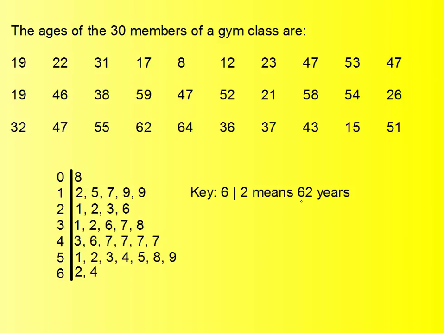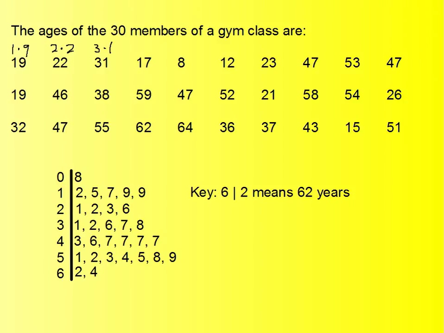See, in this case, we're told that 62 is represented by 6 on the left-hand side in the stem side, 6 tens, and 2 units on the leaf side, meaning 62. Now, you wonder, why must you do that? Well, because you might have another stem and leaf plot where instead of having these numbers up here, you might have had 1.9, and you might have had 2.2, and you might have had 3.1.